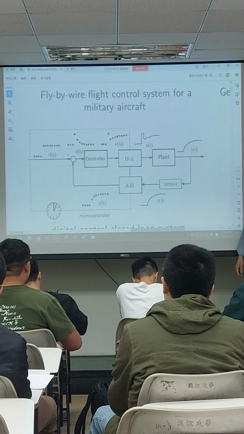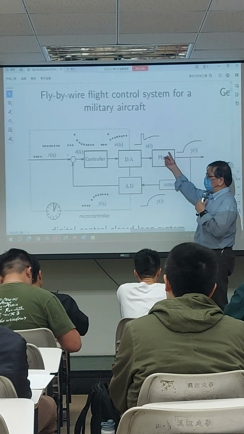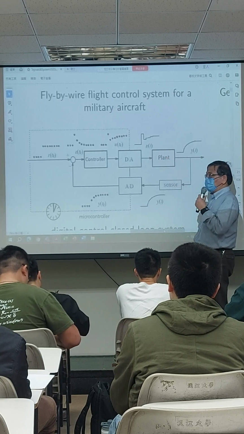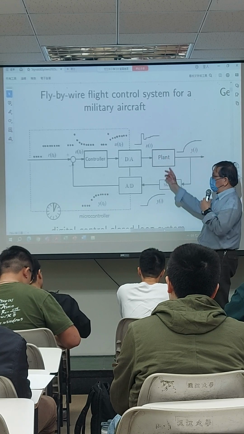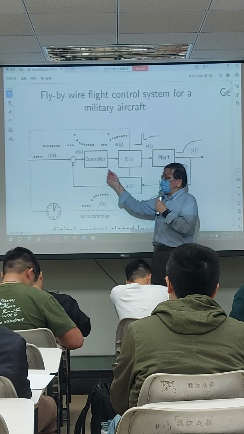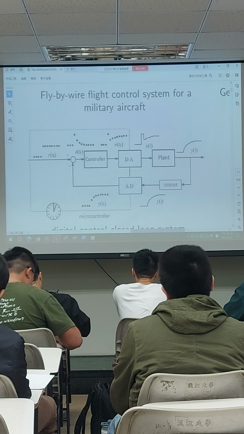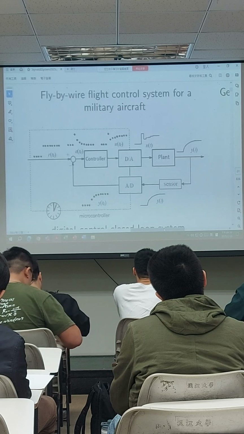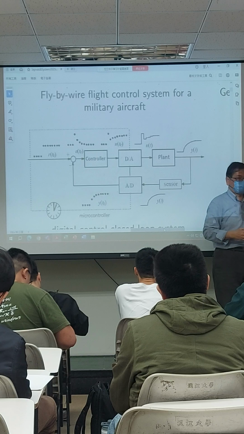So you have to know how to model a clock in continuous time, and also in discrete time, in order to design a discrete controller. So this is very important. This is a very, very important figure to everyone.